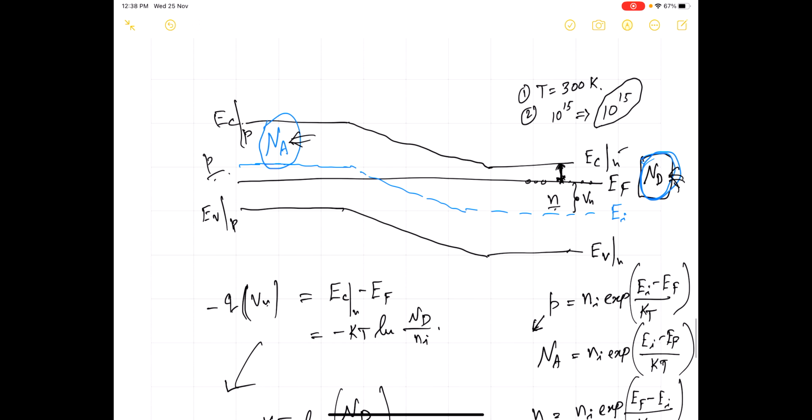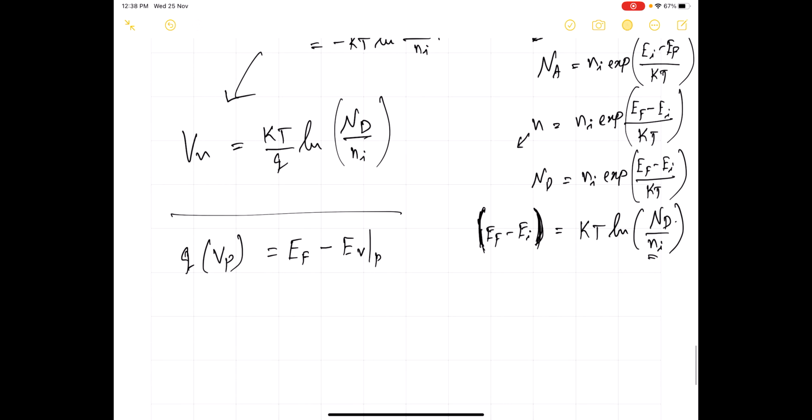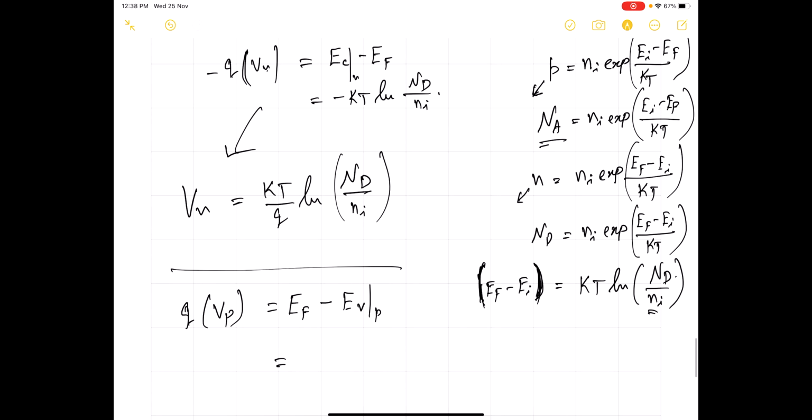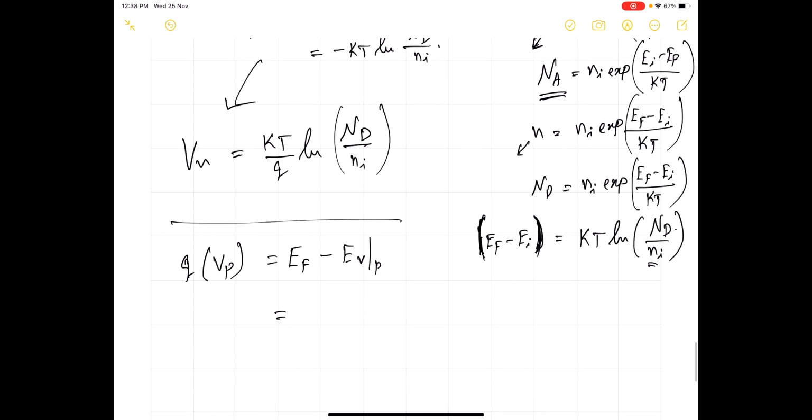This is the difference, which is the potential energy. If you plug in the relation with Na, you will get Kt divided by Q times Ln of Na divided by Ni.